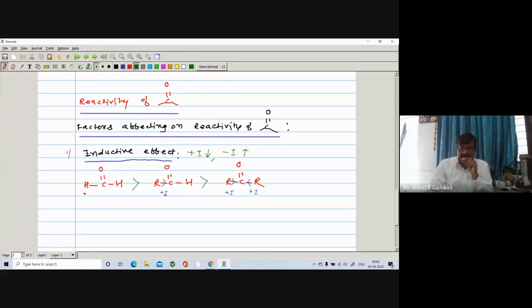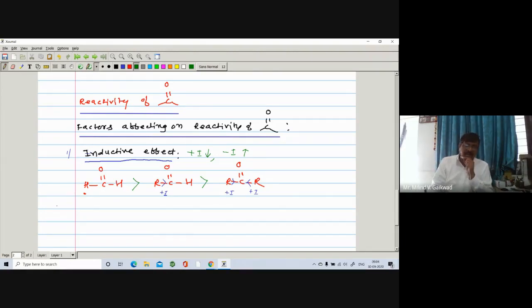So remember, in this case plus I effect means the positive charge on the carbon gets decreased. That's why reactivity gets decreased. And if there is a minus I effect in the R, suppose there is a presence of Cl or NO2 like this, in that case the positive charge on the carbon gets increased. That's why the reactivity also gets increased.